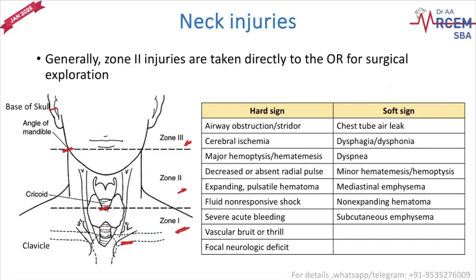Zones 1 and 3 usually don't have major arteries and major neurovascular structures. Major neurovascular structures are present in zone 2. Whenever zone 2 is injured, most of the time surgical exploration will be required. Zones 3 and 1 might be considered for conservative management, or sometimes even surgical management might be required.